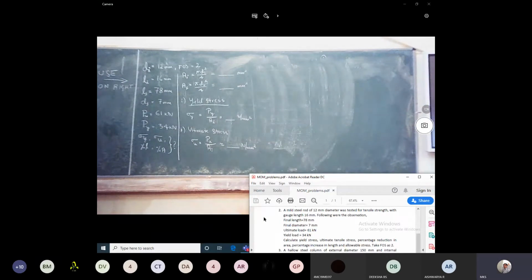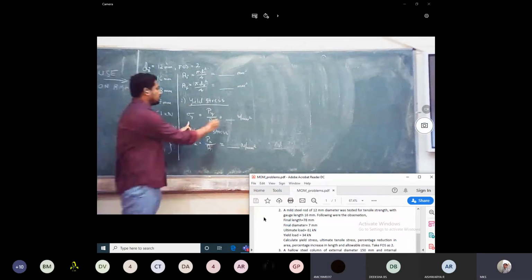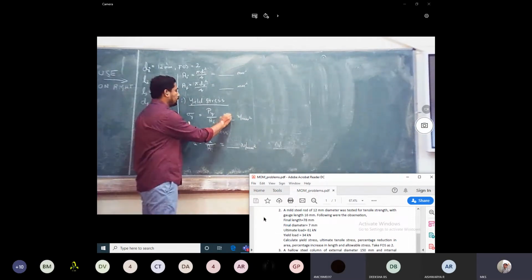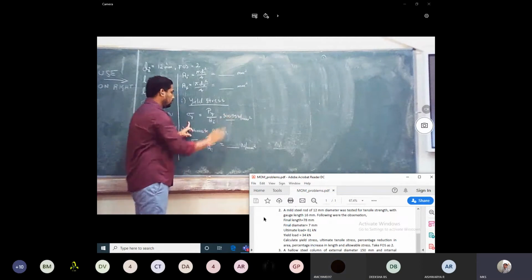If somebody has found out, you can tell the answers. The yield stress is 300.59 Newton per mm square. Then the ultimate stress is 538.39 Newton per mm square.